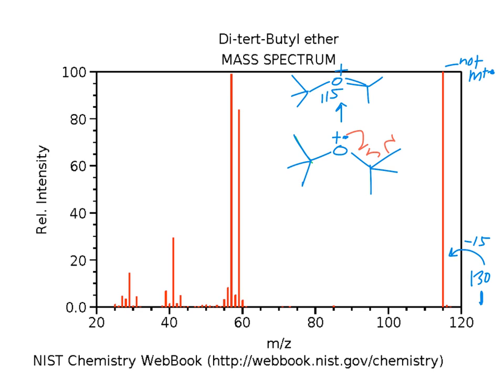Another obvious way to cleave would be the cation initiated, and it would cleave like this. Right? And that would just give us this kind of isobutyl cation, which is at 57. So this is 57.